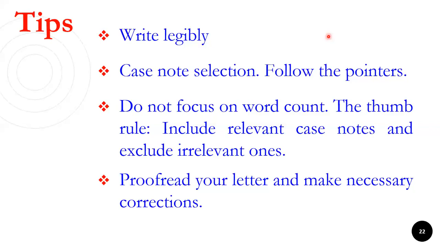Then after you know who you're writing to, you should think about what the person would have to do for the patient. Then once you understand that, ask yourself what relevant information the person will need to take care of the patient. You select that. What other information will the person need? You do that.